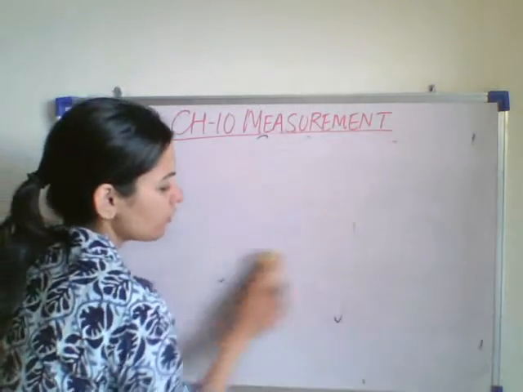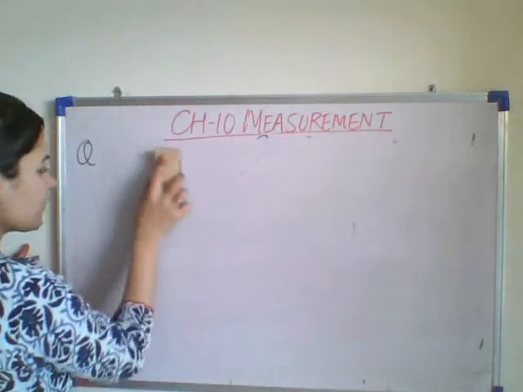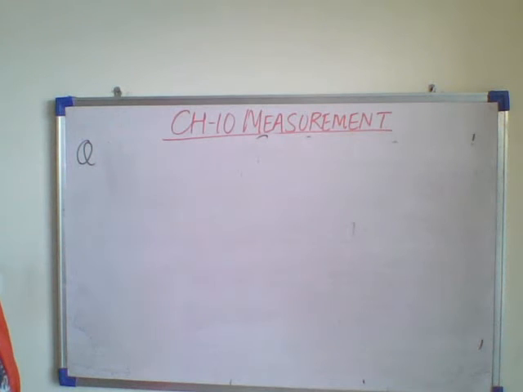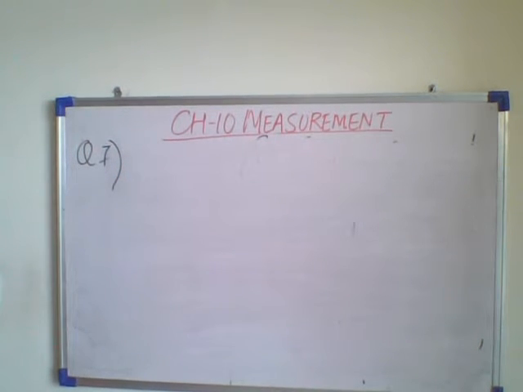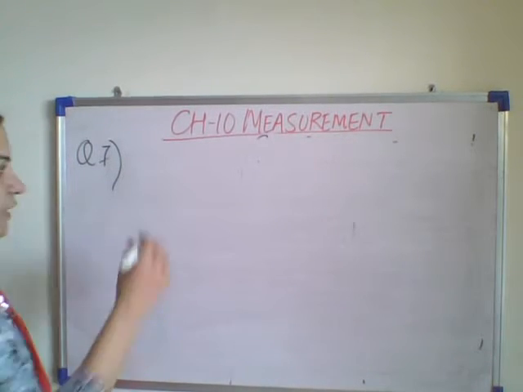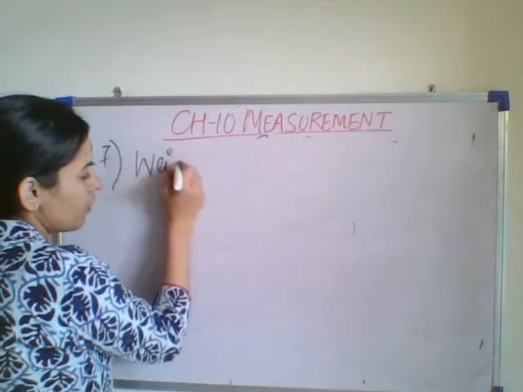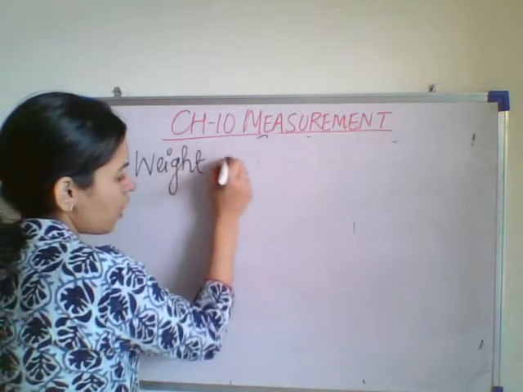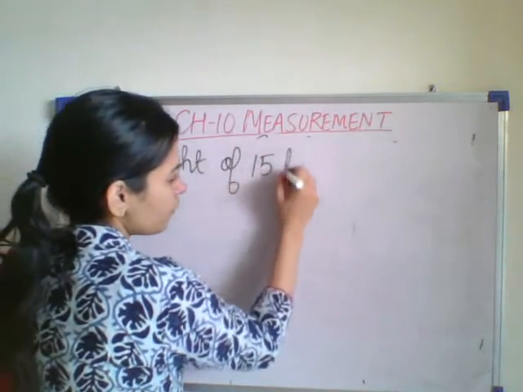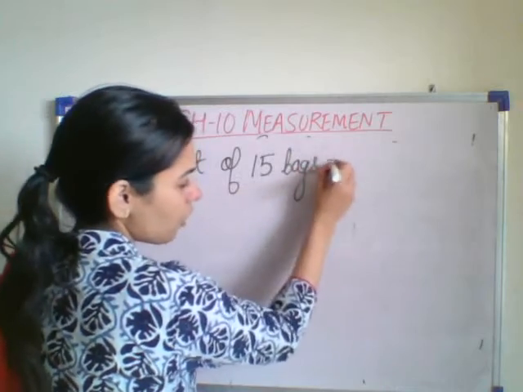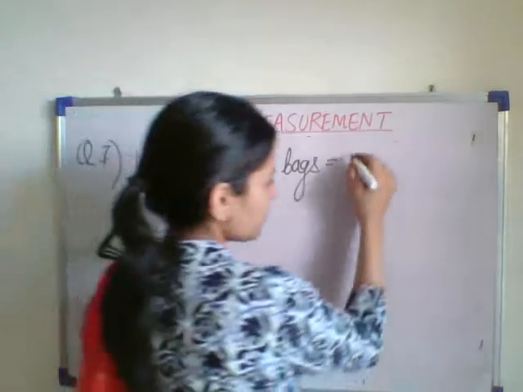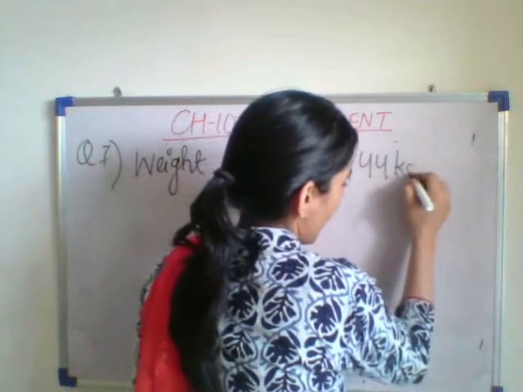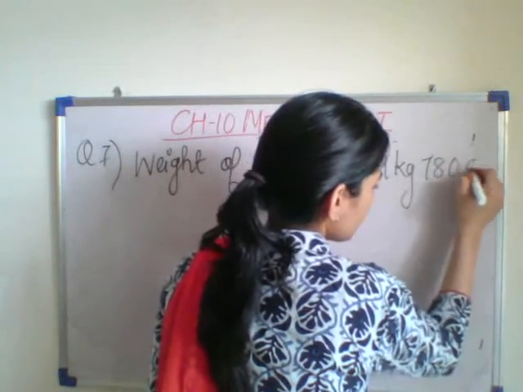So first of all, we will be writing what is given in the question. Weight of 15 bags of wheat is given. It is 144 kg and 780 gram.